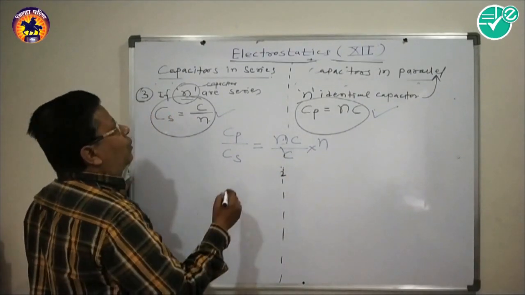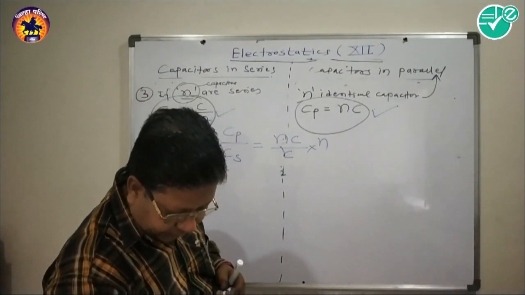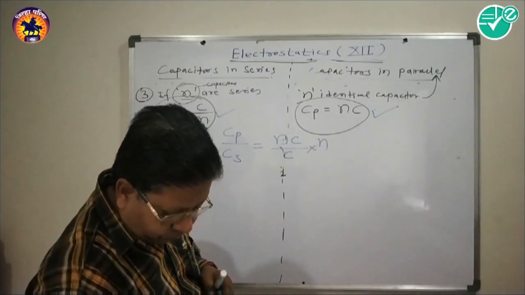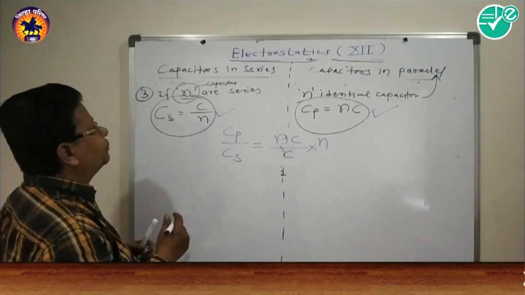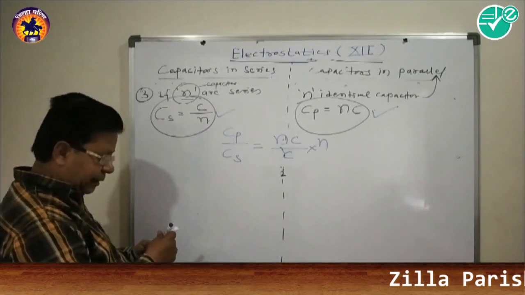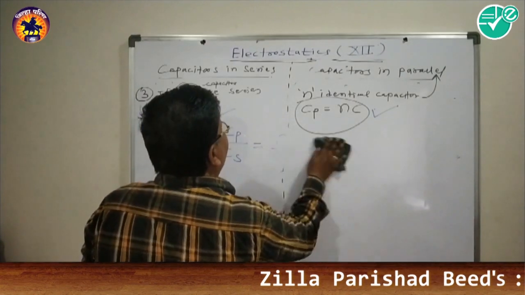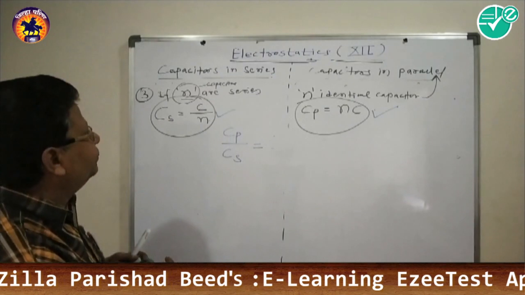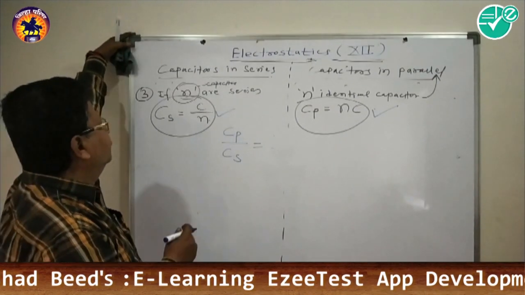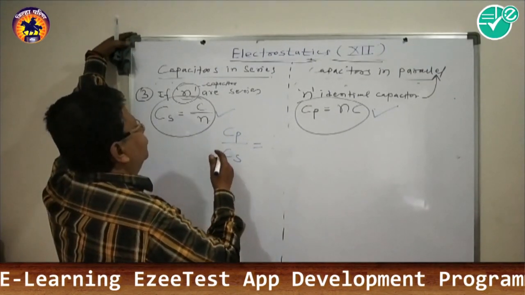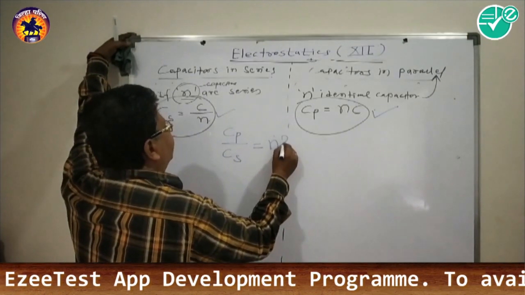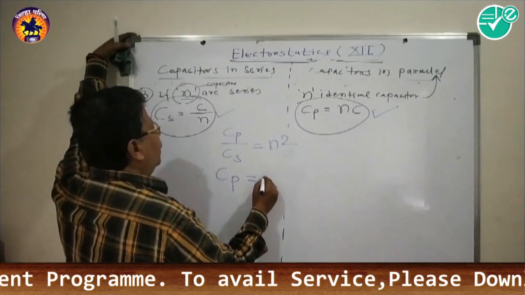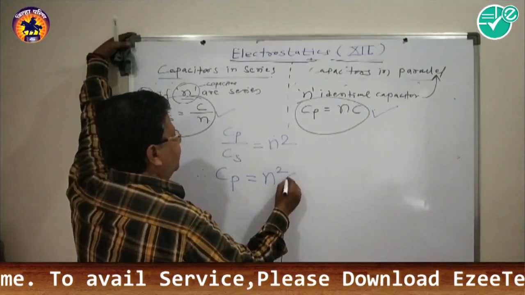And therefore the relation between Cp and Cs comes out to be n square, and therefore Cp is equal to n square times Cs.